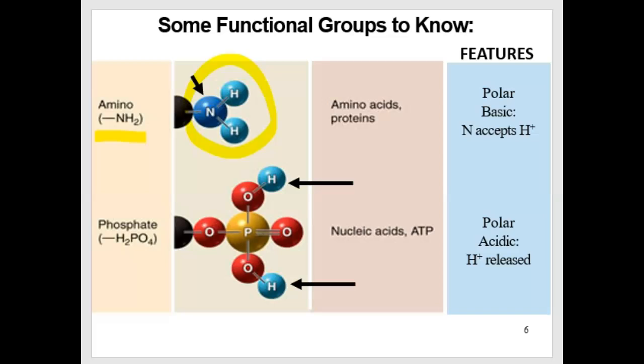So this electron pair imparts a partial negative charge to the nitrogen atom, and therefore we say that there's a polarity in an amine group. And so any compound that has an amine group we would consider hydrophilic, liking water, because it's polar.